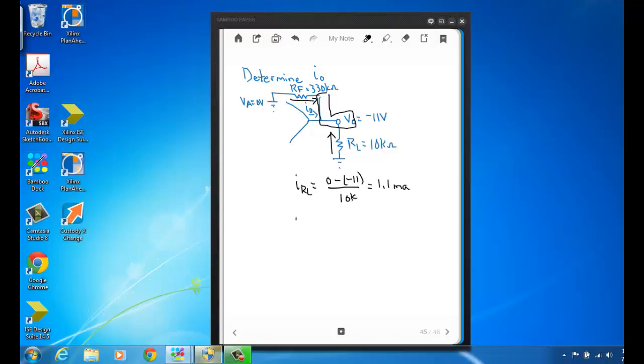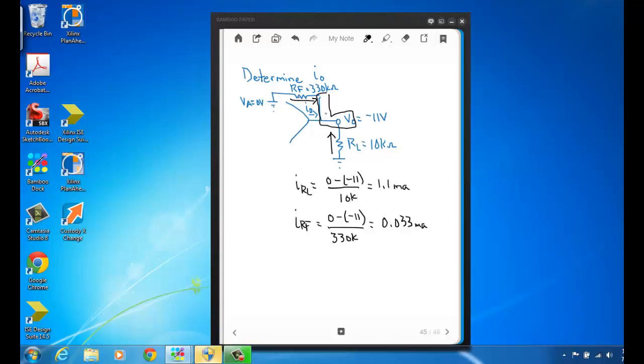And then IRF is just going to be 0 minus 11 over 330K, and that comes out to 0.033 milliamps.